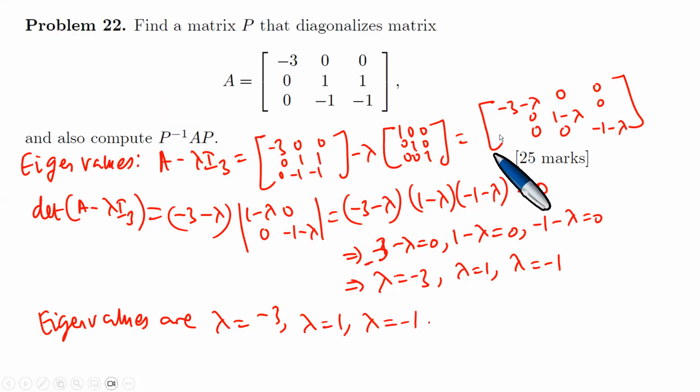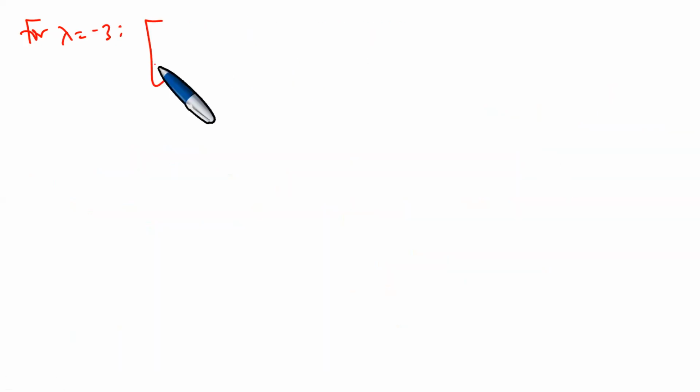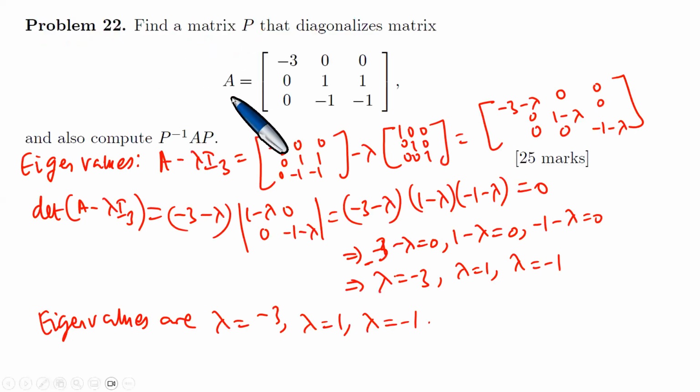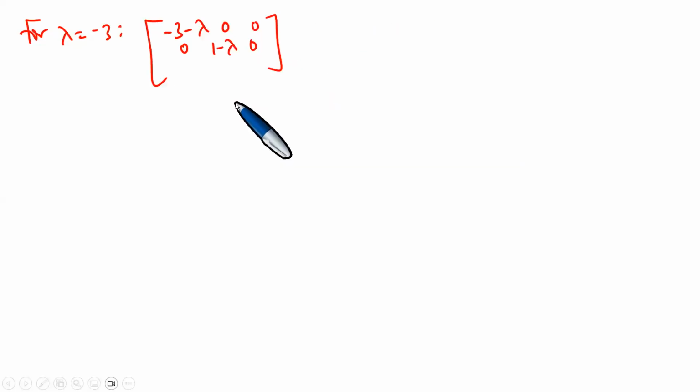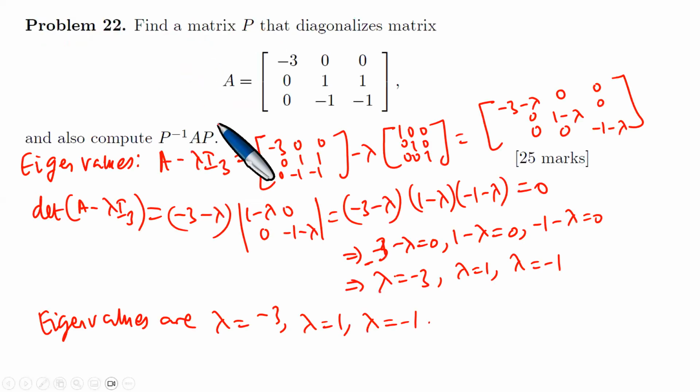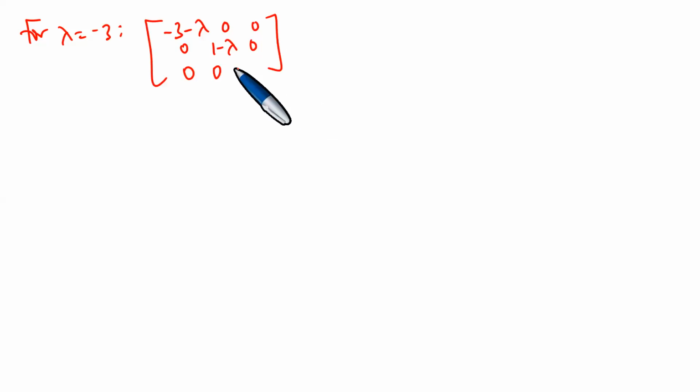You have to consider, I'm going to write this one here, which is minus 3 minus lambda, 0, 0, 0, 1 minus lambda, 0, 0, 0, minus 1 minus lambda, times x, y, z.